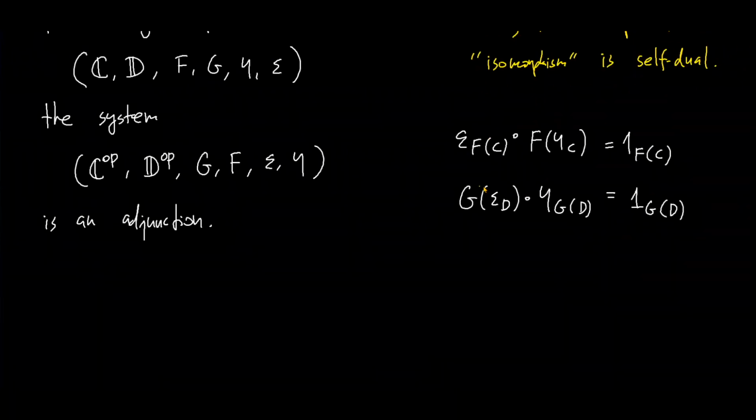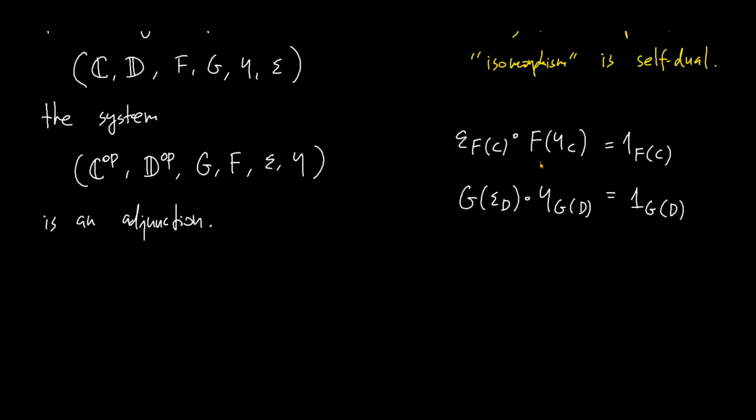Dualizing this means what? Nothing to dualize here, because the object function didn't change. Identity arrows don't change, so that stays the same. Even the transformations don't change. They stay the same, except that they're going the opposite way now.